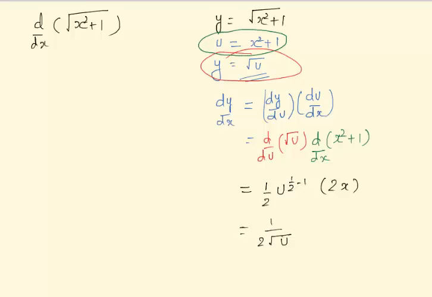This will be u to the power minus half taken to the denominator into 2x. So 2 will cancel out. Your answer will be x by root u, that you can back substitute. In terms of x, u is just x square plus 1. So root u will be under root of x square plus 1, and the answer is x divided by under root of x square plus 1.